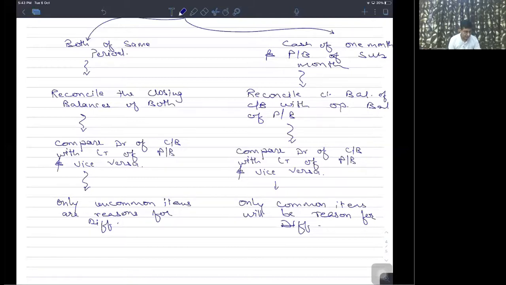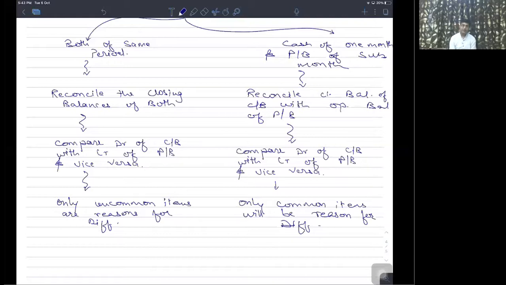Yes or no? Now, if I am expected to show the correct balance as per my cash book, and if I have identified that there are certain transactions which are not yet been recorded in my cash book, which ought to have been recorded, or if there are any errors in my cash book, I need to get it corrected.